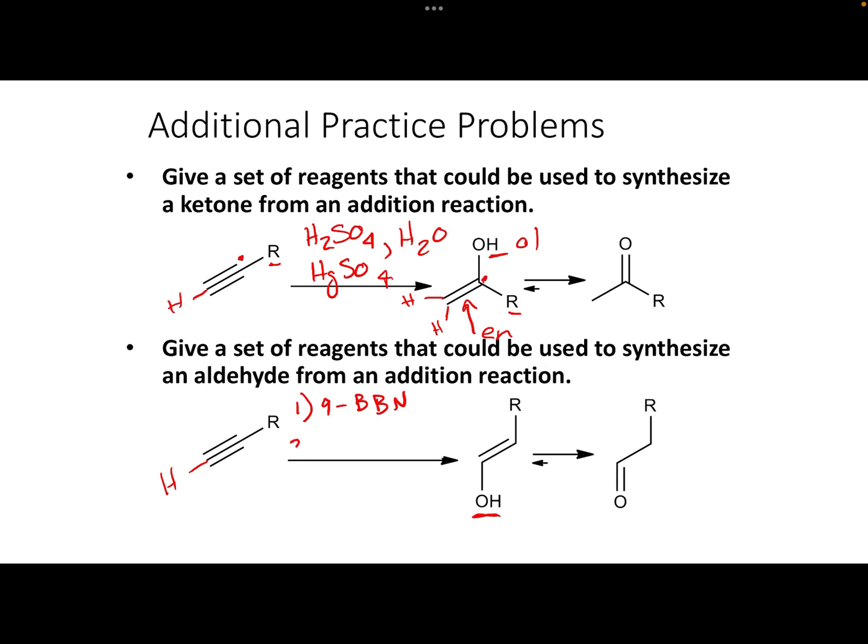So that's step 1. Step 2 is the same as it is for your alkenes, so peroxide and base, in order to create our enol. And this time, because our enol is on the outside, so the alcohol is on the terminal position, the end of the molecule, we see the tautomerization resulting in the creation of an aldehyde instead of a ketone.